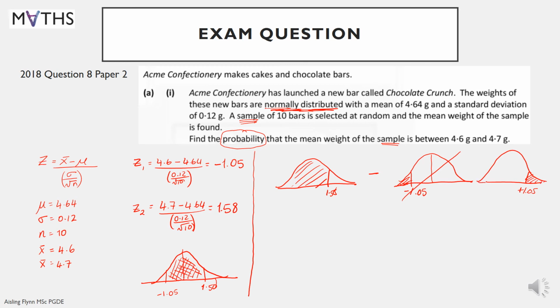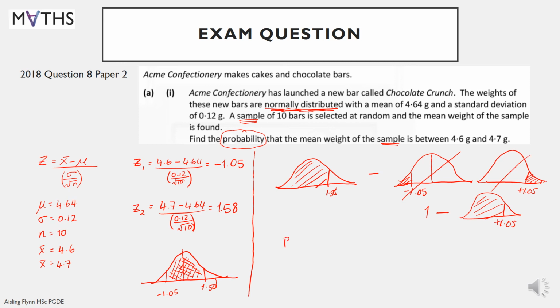But how do we calculate that? Well, we will do 1, which represents the full distribution, minus the probability of a z-score less than 1.05.